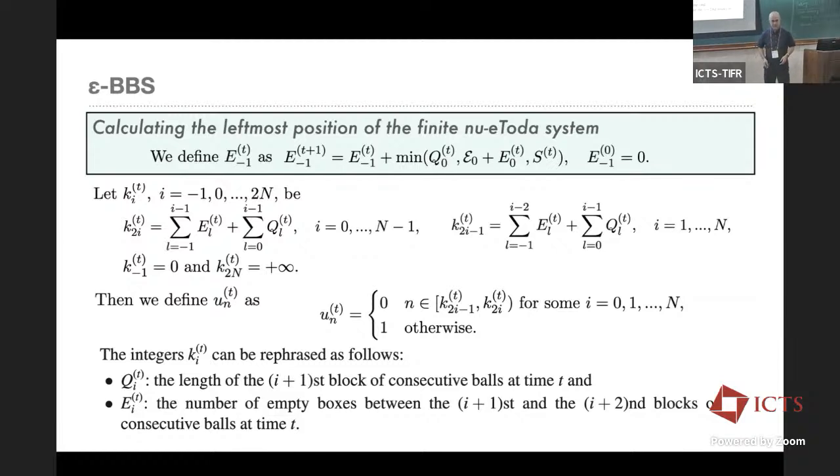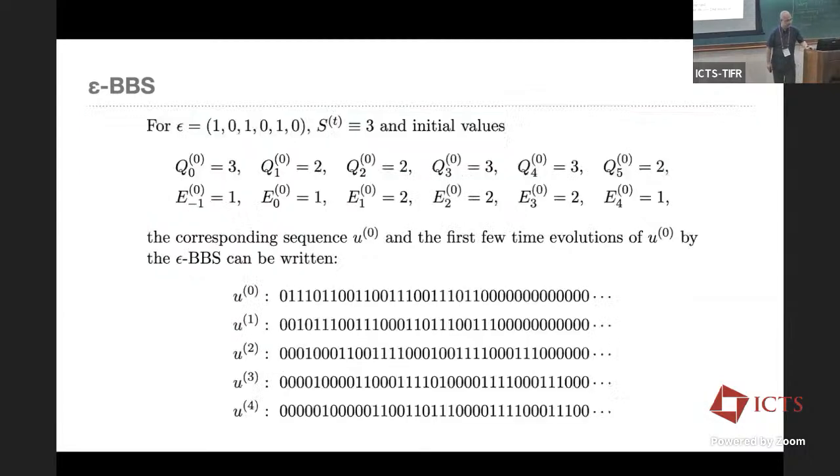It's more clear, I think. After that, Ki can be interpreted as follows. Qi of t means the length of the i+1 block of consecutive balls at time t, and Ei of t denotes the number of empty boxes between two blocks of consecutive balls. This is the standard interpretation for Toda.